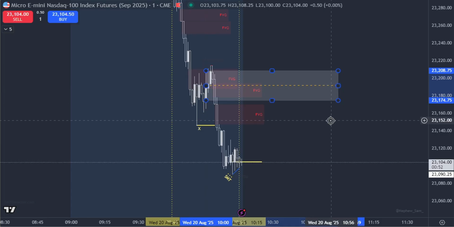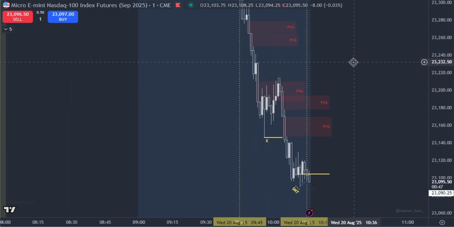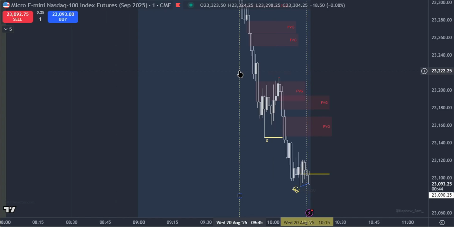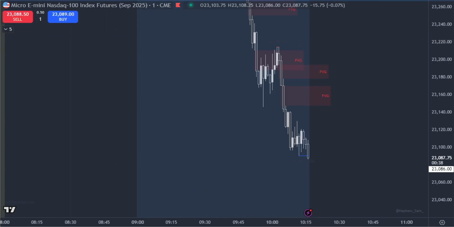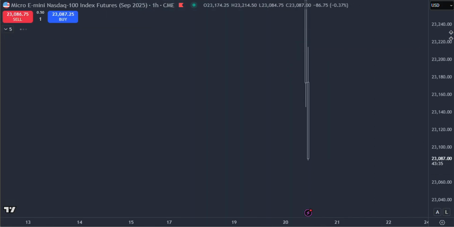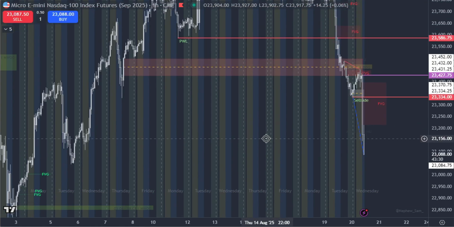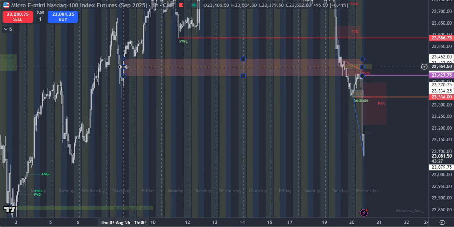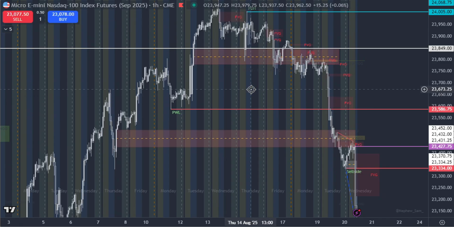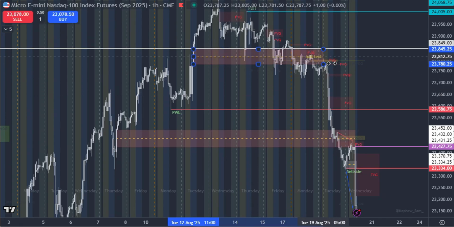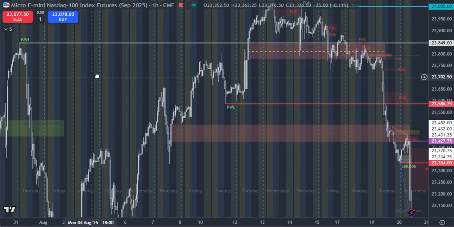Hopefully you learned something from this. I'm going to keep doing some reviews like this. A lot of the things that we went over today: let me erase these things here. We looked at price cycles, and then we looked at mitigation blocks, inverse fair value gaps, and the left side of the curve. Looking at the left side of the curve really does help out a lot because it helps you gauge the order flow, as long as you understand the higher time frame.